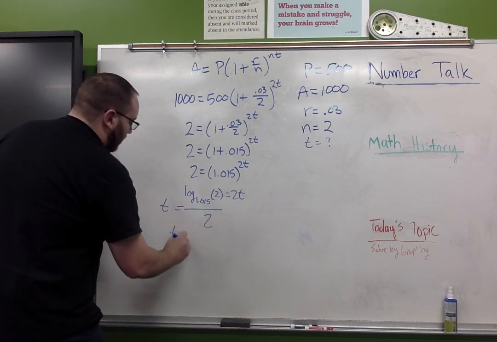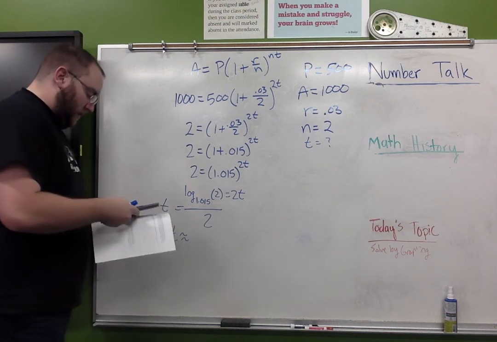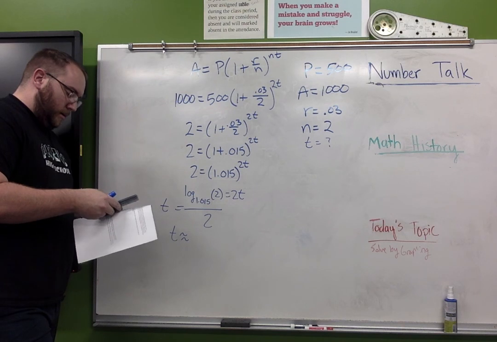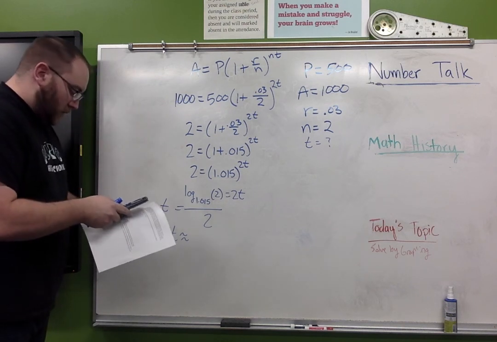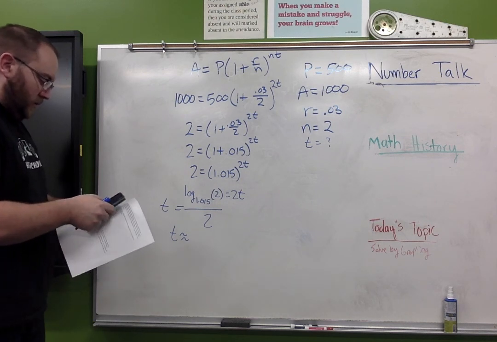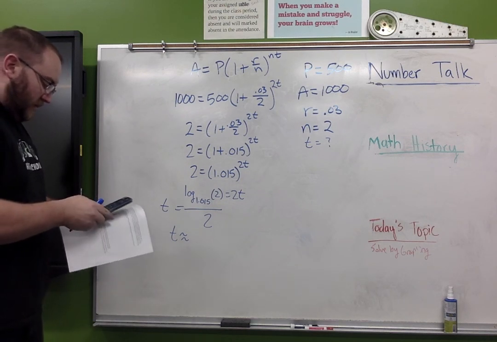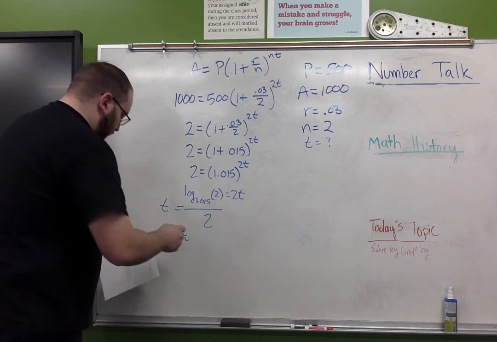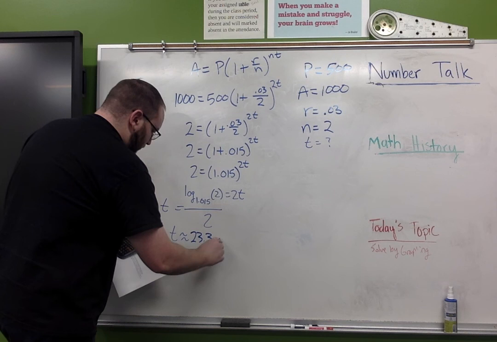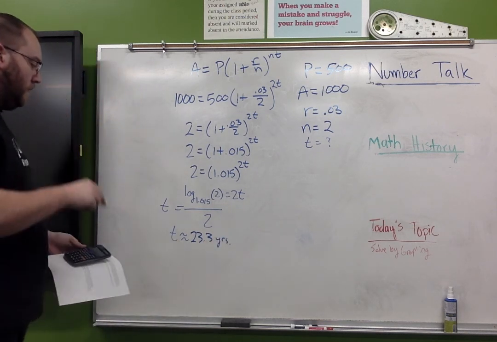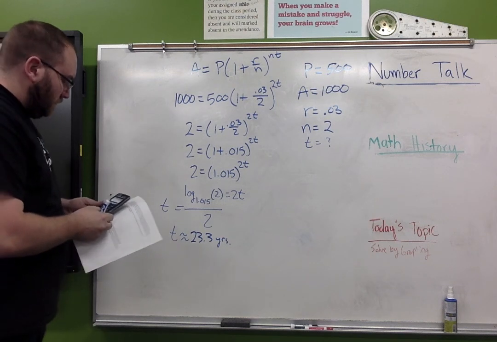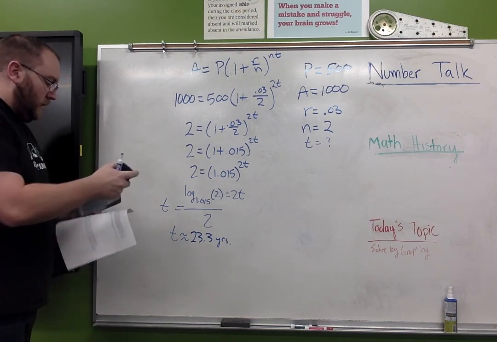So t is approximately, let's see here, log base 1.015 of 2 divided by 2 is approximately 23.3 years. 23.3 years. And that's your answer.